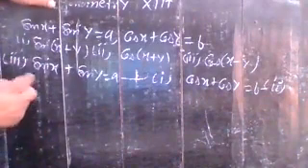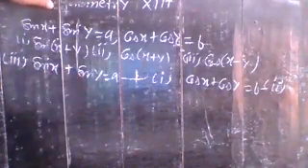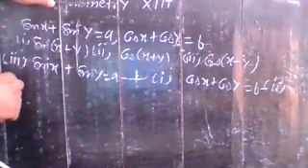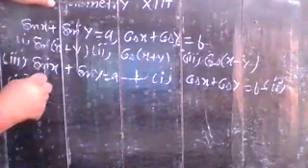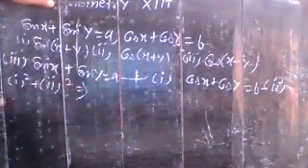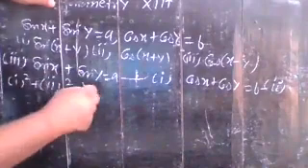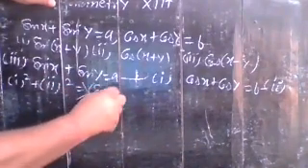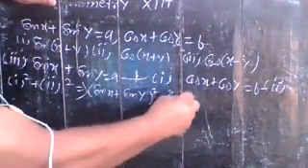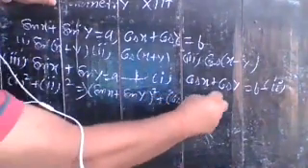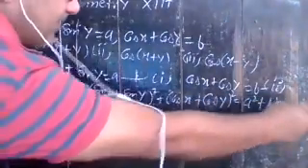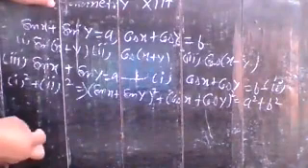Now squaring and adding 1 and 2: first square plus second square implies (sin x plus sin y) whole square plus (cos x plus cos y) whole square is equal to a square plus b square.